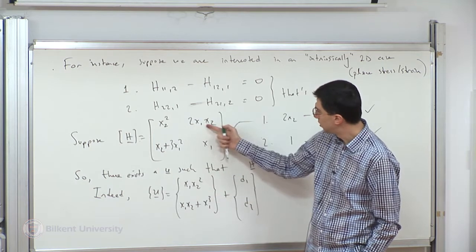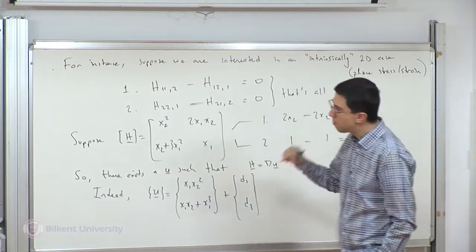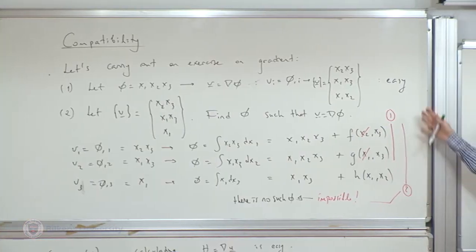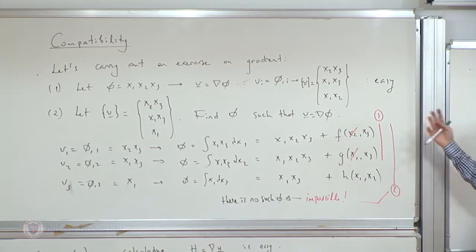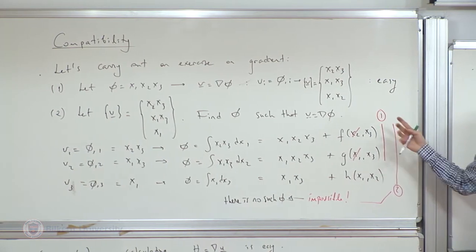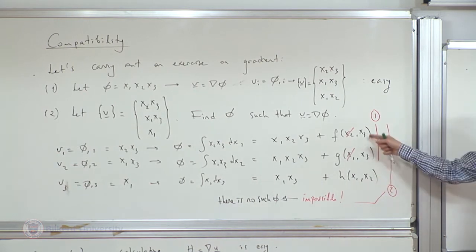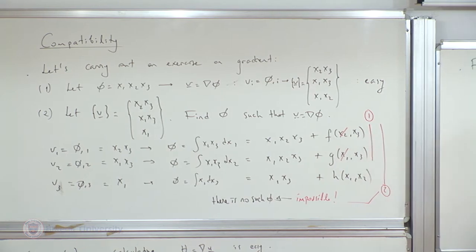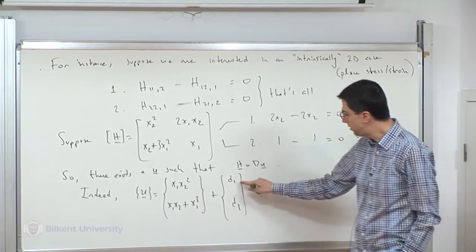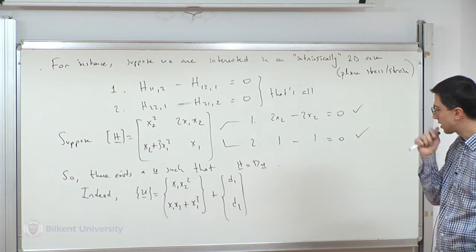With respect to 2, 2x2, x1, etc. So it works. But remember, when I integrate something towards the solution, in practice I will always have some integration constants. That constant is a function of x3 in this case, but it could really be a constant. So if you integrate, there will indeed be some constants, and these are d1 and d2. I don't know what their values are, but they are scalar constants.